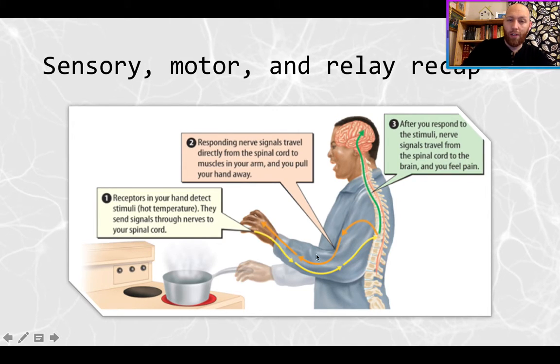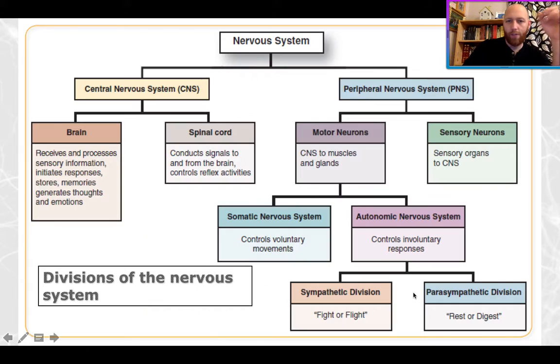This is sent along the efferent division. A signal via a relay neuron is also sent to the brain saying, ouchie, that hurt. So we have these afferent and efferent divisions. Effect, motor, afferent, sense. The nervous system.